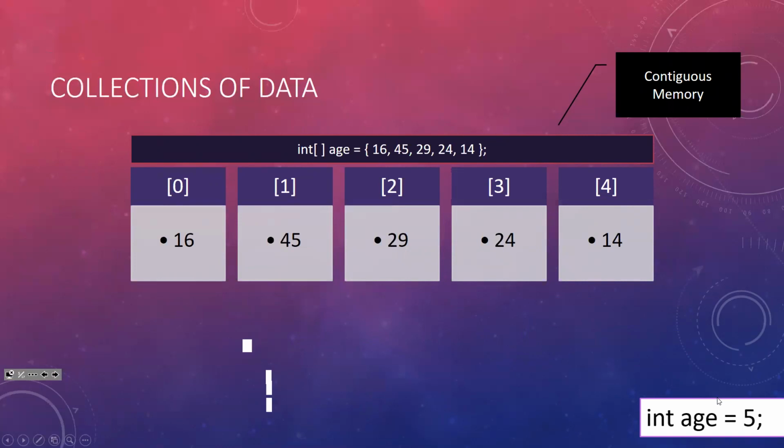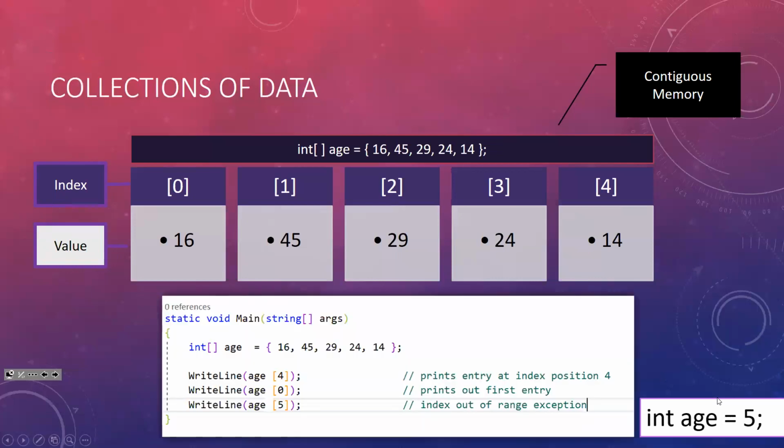Index position 1 of the array has the value 45, etc. It's just allocated it out, put those values into each slot just the way we asked it to. Now again, it's contiguous memory. It's all together. Our index position is our pointer into our array, and it helps us access that value, that data that we're containing in our array.